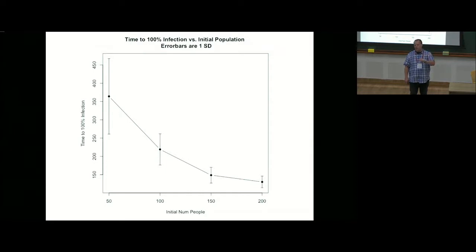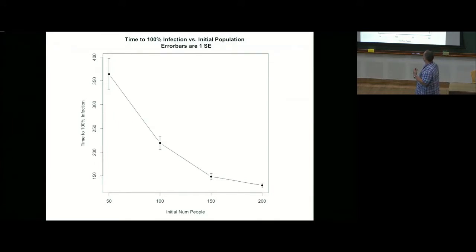What we actually want to do in a lot of statistics is a standard error, which is to take our standard deviation and divide by the square root of the number of runs that we have, right? So then we calculate a standard error. Those are a lot better. So under this kind of calculation, all the data points are maybe statistically different, the last two, maybe not, but I'd have to do the maths to figure it out.